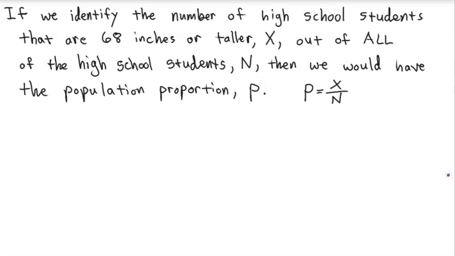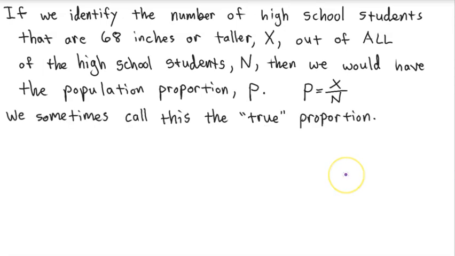The population proportion, P, would be equal to the number of high school students in all of existence that are 68 inches tall or taller, divided by the total number of high school students in all of existence. We sometimes call this the true proportion.